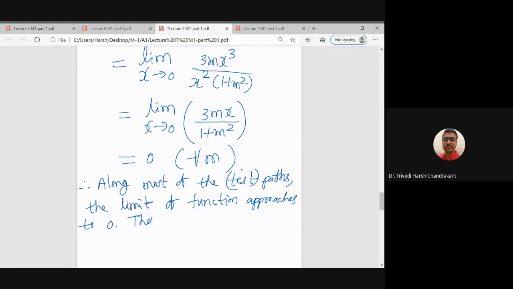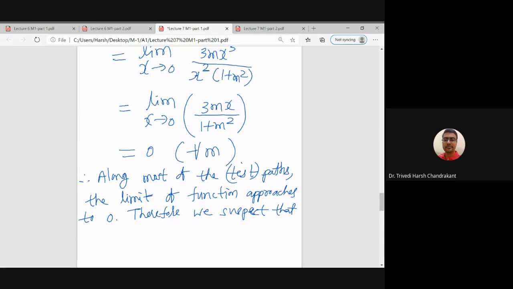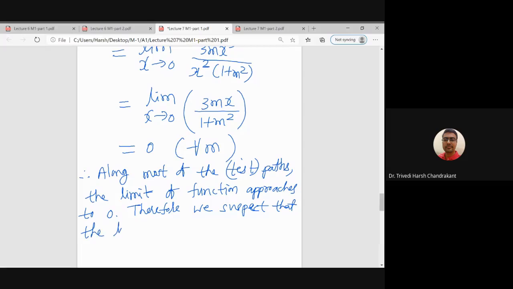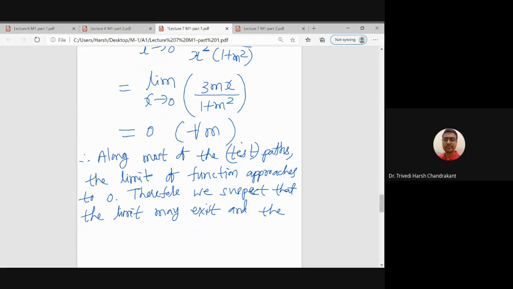So therefore we suspect, we guess that the limit of the function may exist and the value of the limit may be 0.